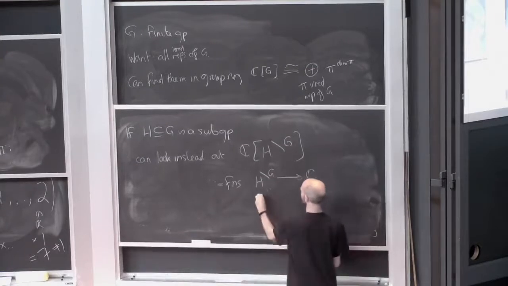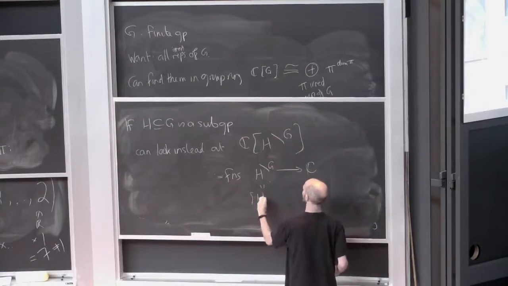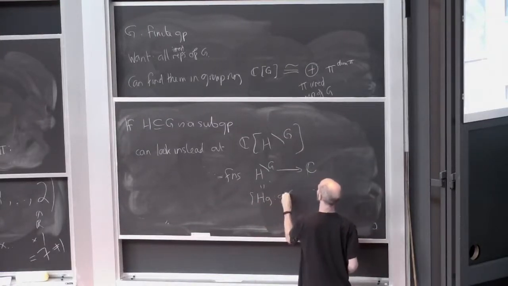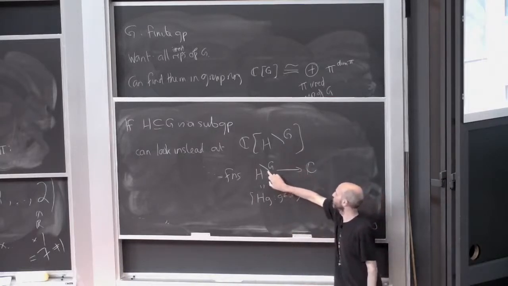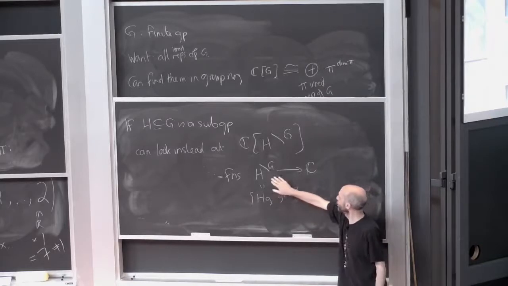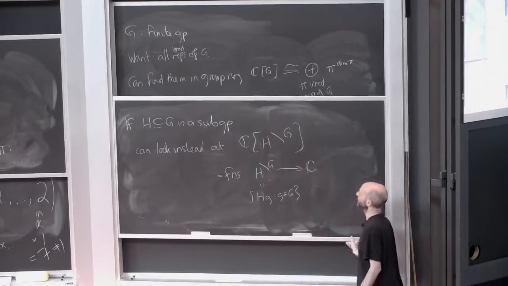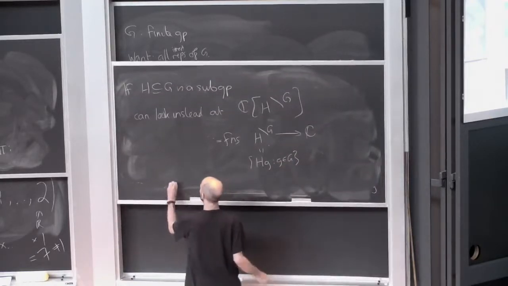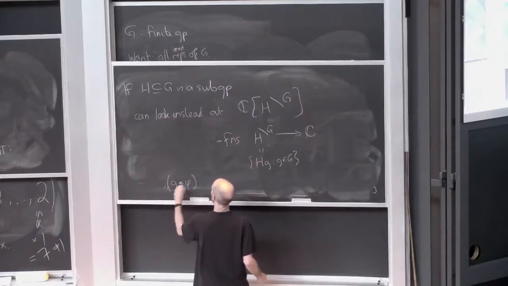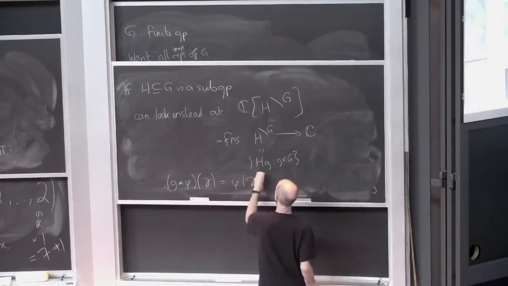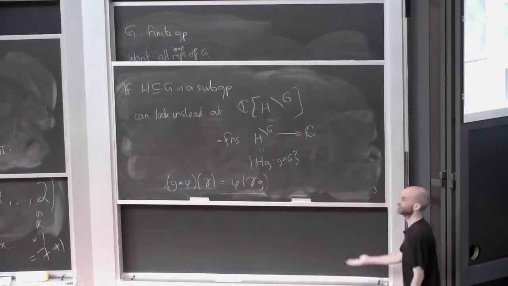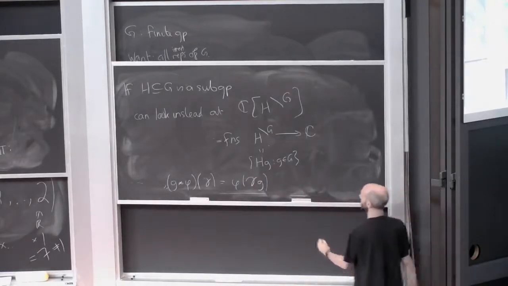So H mod G is by definition the set of cosets, right? Hg for g in G. So H is a random subgroup. We look at this quotient set. We could look at all the functions from H mod G to C, you see, and we could define g star phi of gamma to be phi of gamma g, right? And now you have to do some exercise to check that this is well defined.